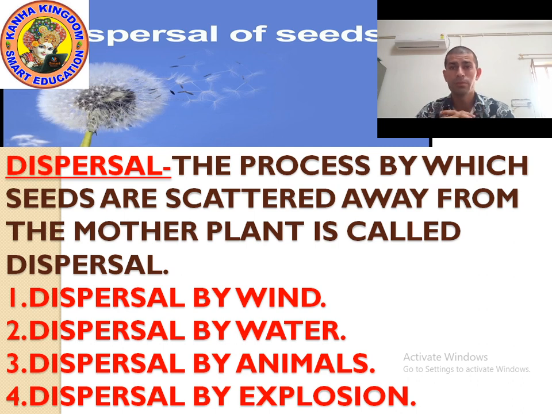What happens is that the plant gives out seeds present in fruit, and with the help of animals, water and wind they go from one place to another place. When wind blows, the seeds go away from one place to another and they grow there. This process is known as dispersal. Means they are scattered away.